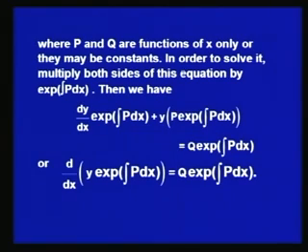Now, let us note that the left hand side of this equation is the derivative of y times e^(∫p dx), and therefore we have d/dx of y e^(∫p dx) equal to q e^(∫p dx).